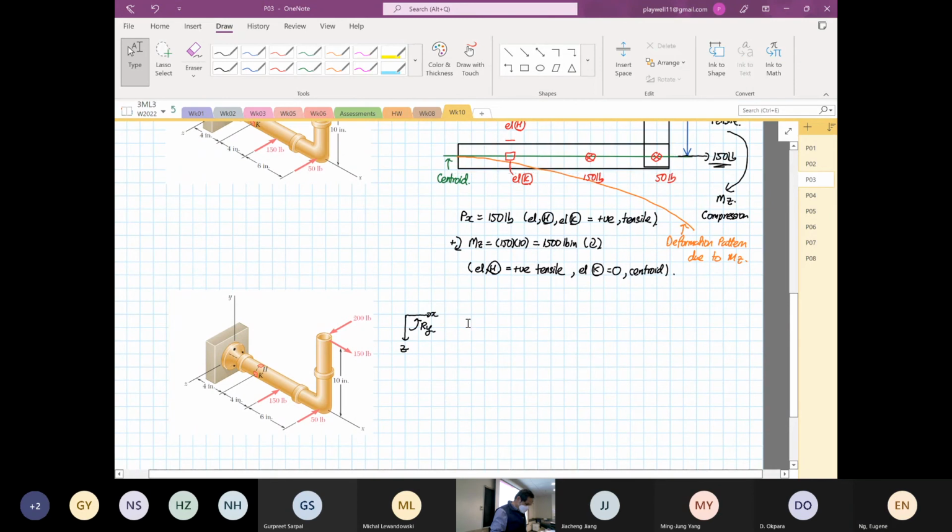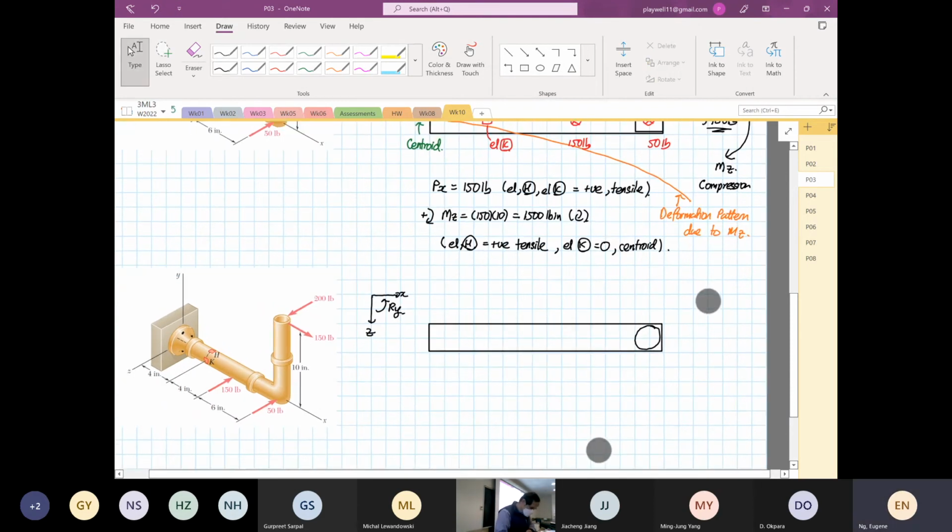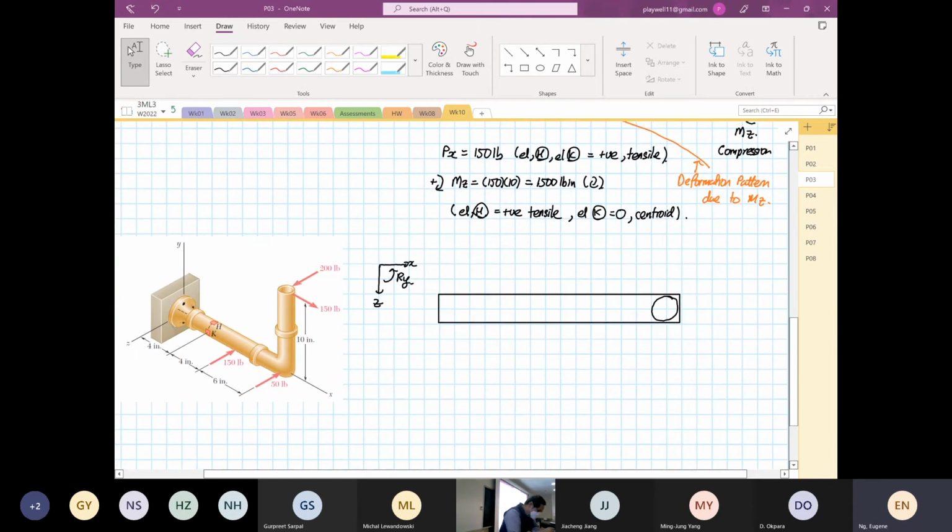Okay, so this is what we see. Okay, and this is the, okay, right? You can visualize that, right? So then we put in our forces. So we have our 50 pounds over here.